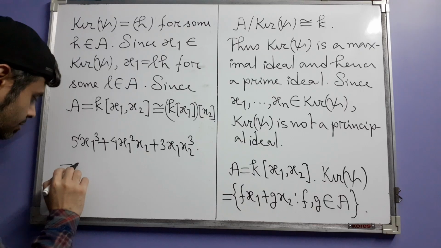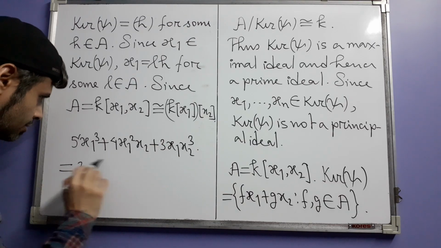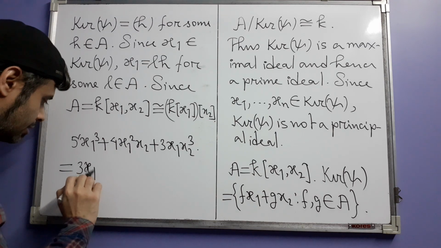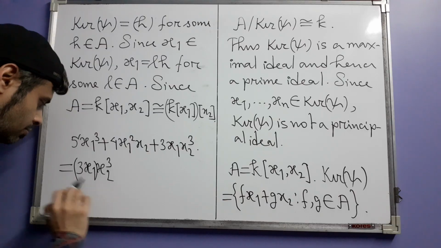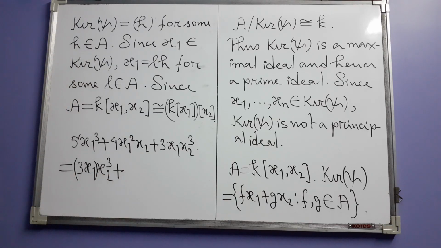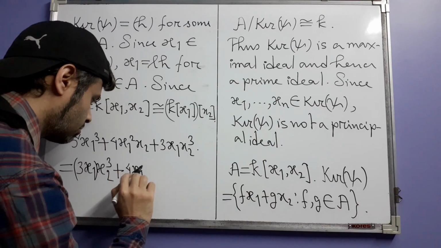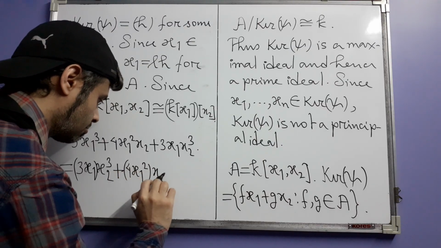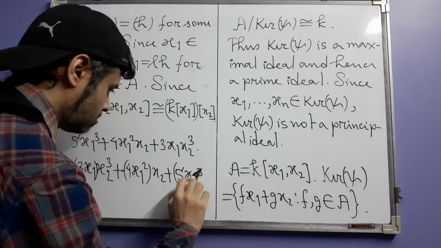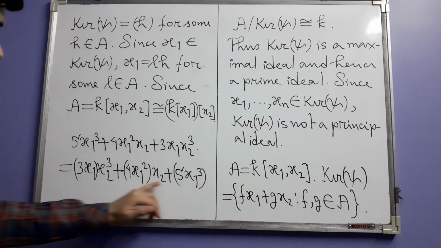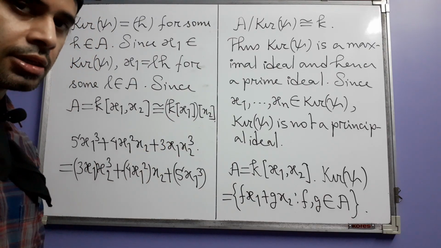You collect the highest power of x2, you take that and put it first, plus then the next highest, and then the term which does not have x2. So do you not see that this is a polynomial in x2 whose coefficients themselves are polynomials in x1?